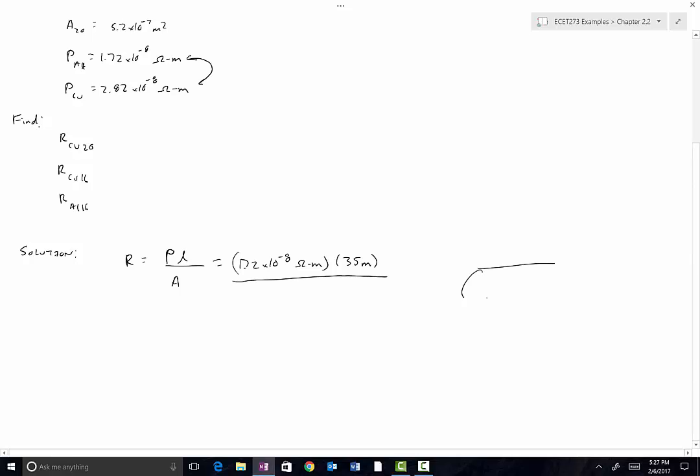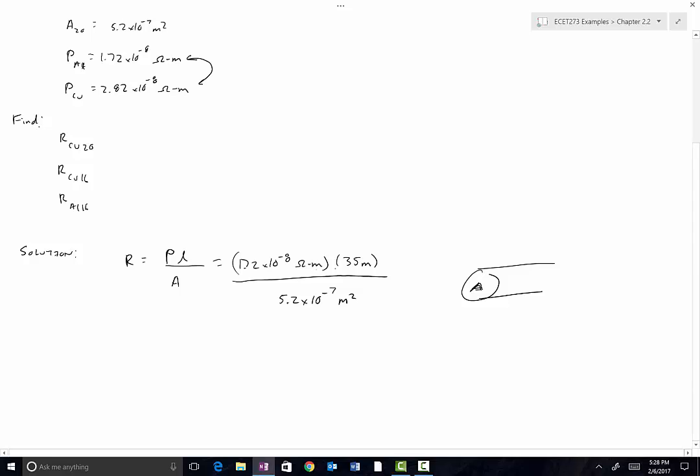If this is a wire, what we're talking about is the surface area of that circle. In this example, for a 20 gauge wire, it's a relatively small cross-sectional area of 5.2 times 10 to the minus 7th square meters.